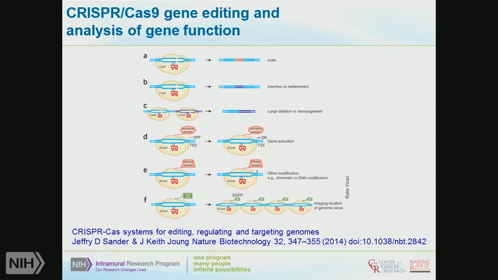So what I've just described has predominantly been a knockout. Here are the different approaches where you get an insertion or a deletion. You can get an insertion or replacement, or a large deletion or a rearrangement using non-homologous end joining or homologous repair.